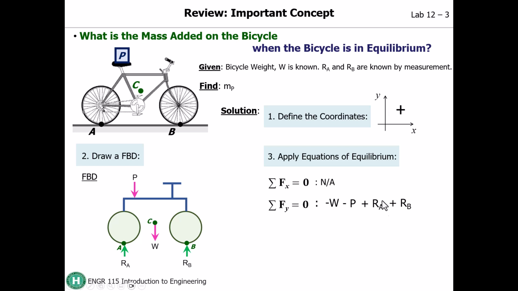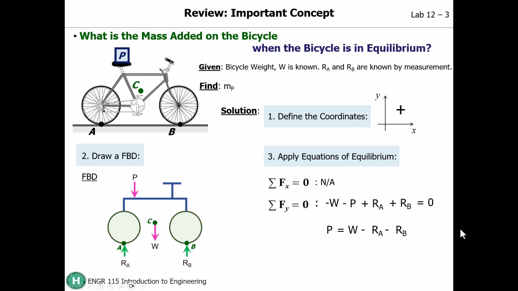And then the summation of all the forces here must be 0. And therefore, this unknown P can be found by W minus R of A and R of B. All are known, one unknown P, one equation.